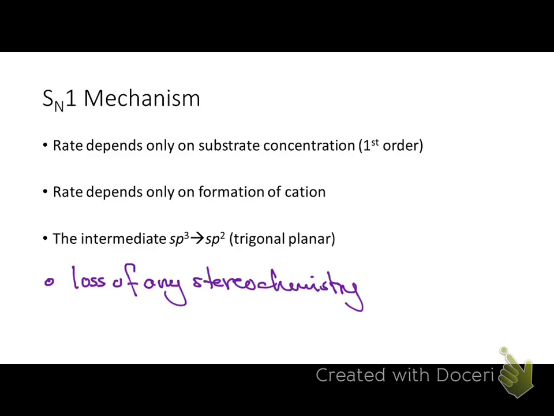It becomes racemic. If you remember the term racemic, it means you have equal amounts of R and S in the product. Turns out that's not 100% true. There's some other funny things that can go on, but for this class, yeah, it's true 100% of the time.